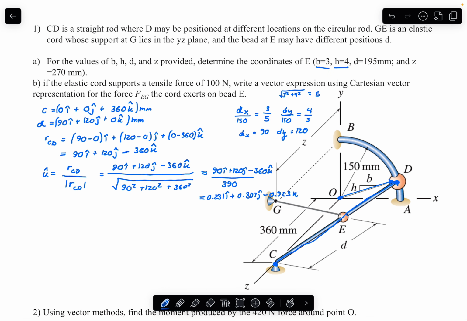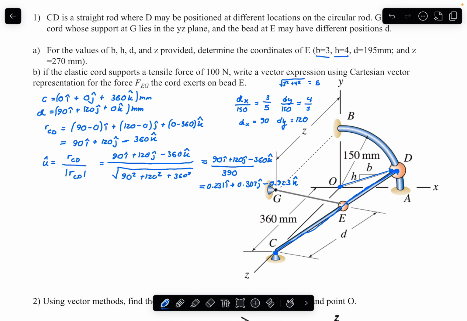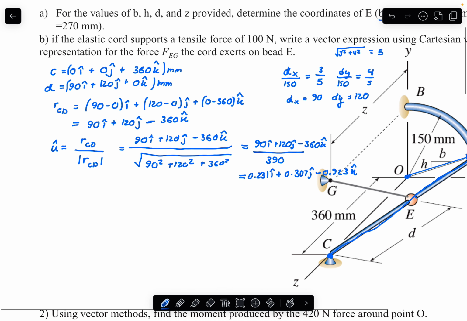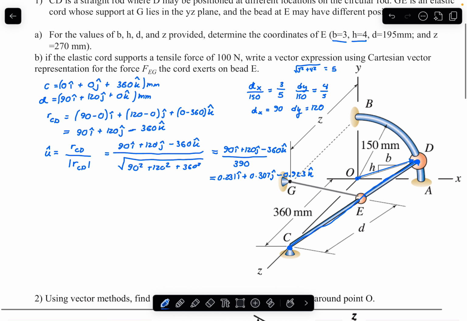My apologies, I'm getting a bit into the diagram, but hopefully you can still see the numbers. Now we have the unit vector for our CD.